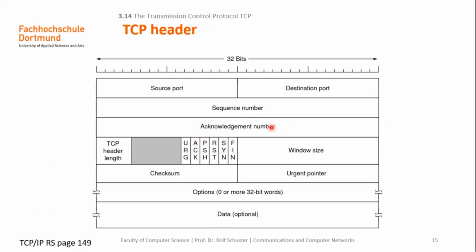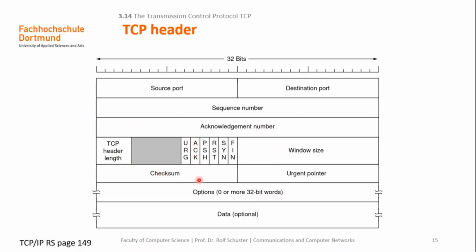In fact, we will see that only the first segment of a TCP connection has the acknowledgement number at 0, but the other segments always have this acknowledgement bit set to 1.